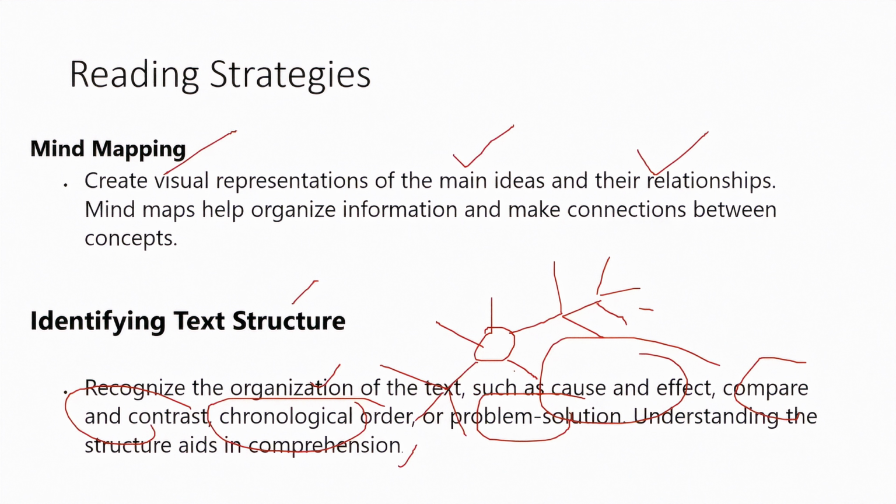Is it cause and effect, a logical movement? Is there a comparison between different ideas? Is there a chronological order showing how things emerged or took place? What solution has been offered to a particular problem? You try to find this. This strategy is called identifying text structure.